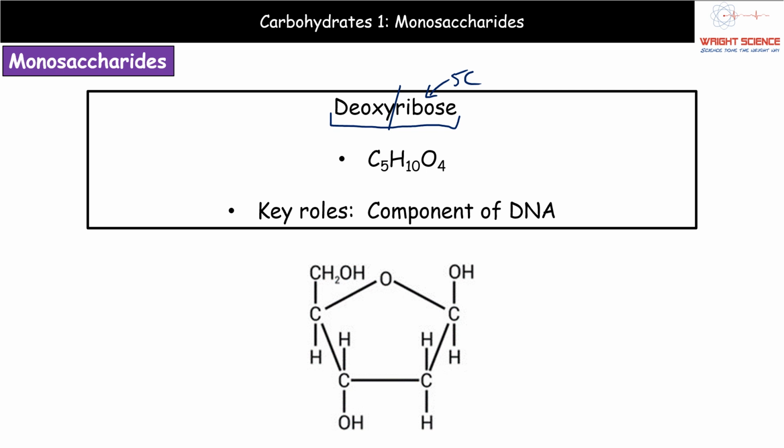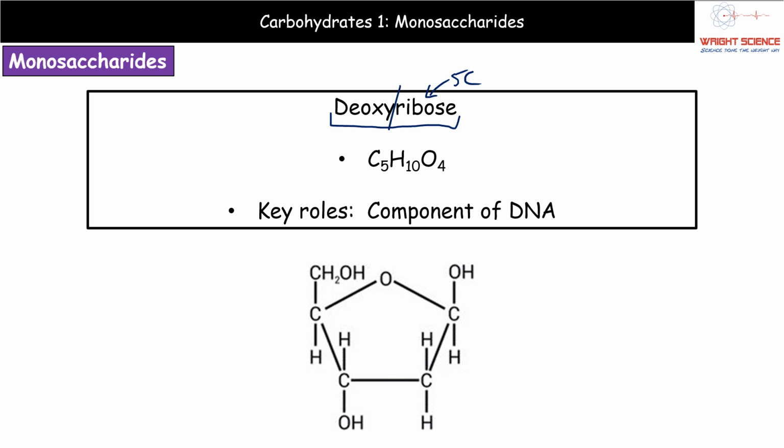Deoxy just means basically less oxygen, one less oxygen. If we 'de' something, we remove it, so we've removed an oxygen. So when we're looking at our ratio, it would obviously be 1 to 2 to 1, so we'd have C5H10, but because it's deoxy, we've removed one oxygen, it's only O4. So just go careful there.